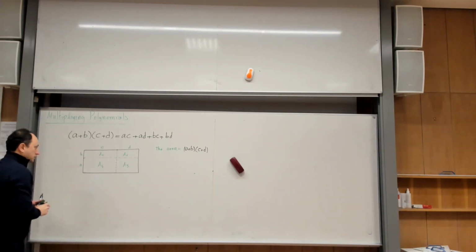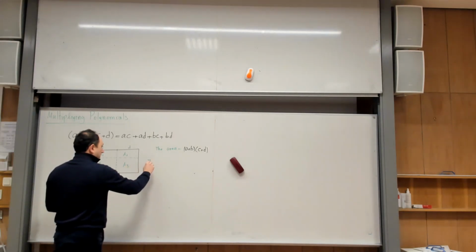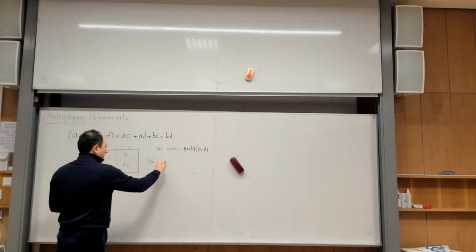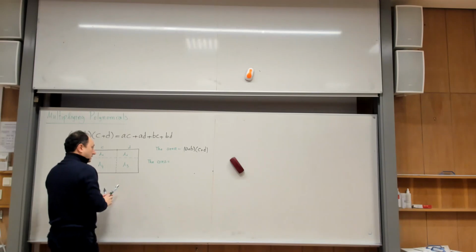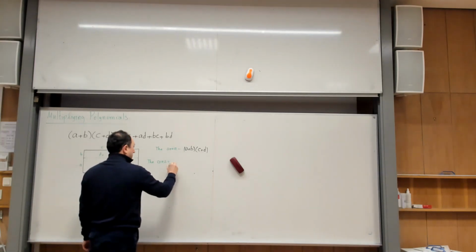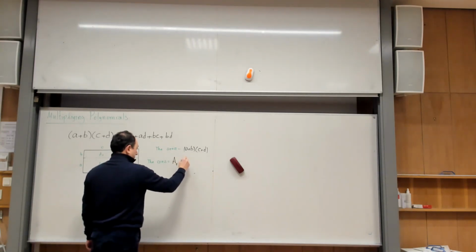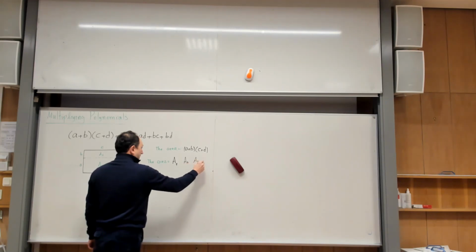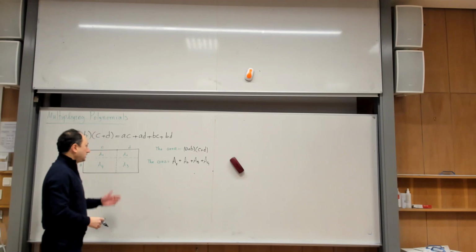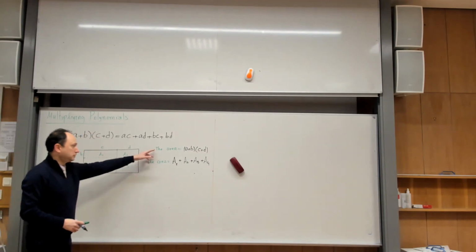If I ask you the total area again, the area can be viewed in this way. I can calculate A1, A2, A3, and A4 separately and add them up. I hope that you agree that I should get the same number, yes?